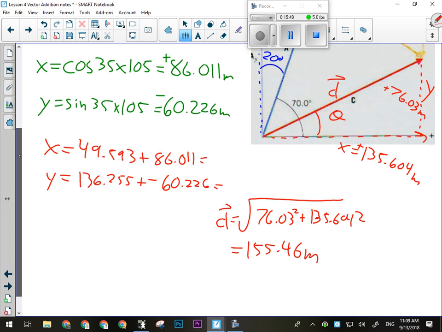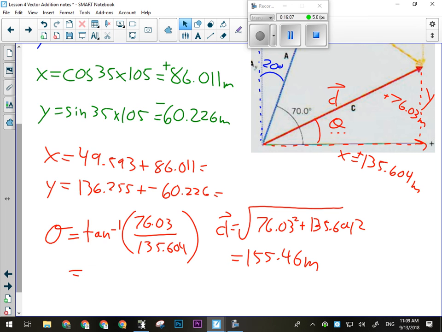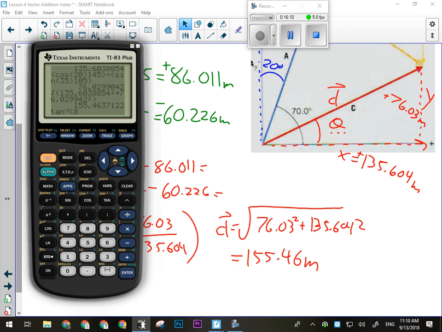And now I need to find its direction. So I need to find theta now. I will use those two sides again in a trig calculation, tan to the minus 1 of the opposite side, which for me is 76.03, over the 135.604, divided by our 135.6038854.